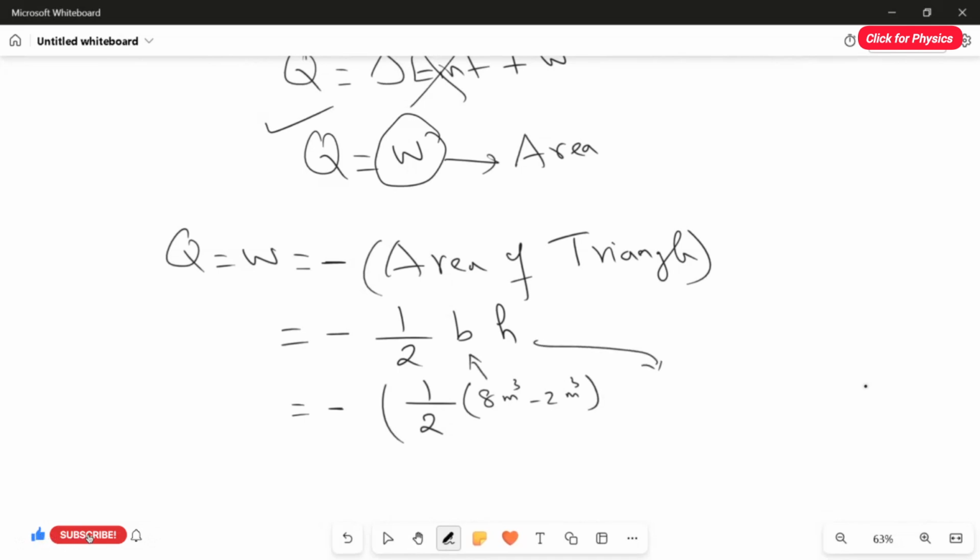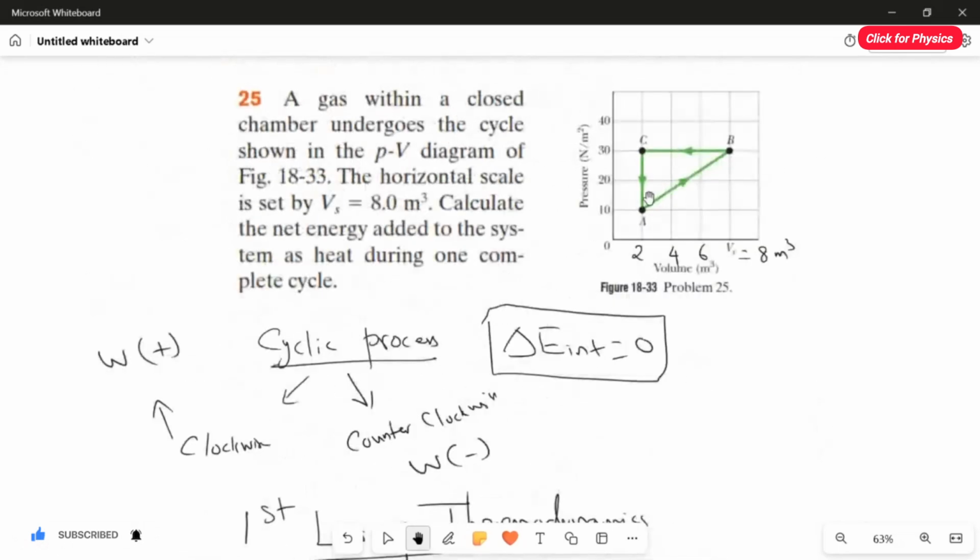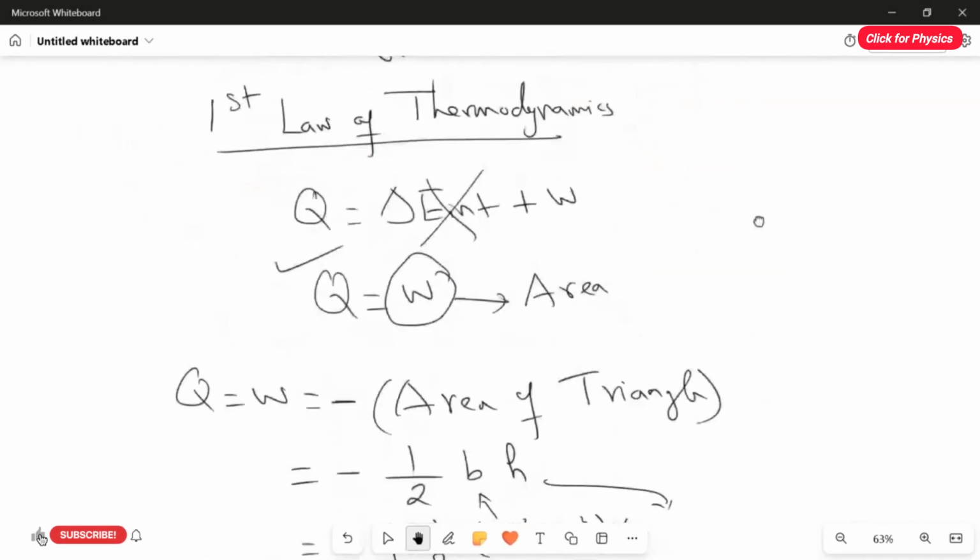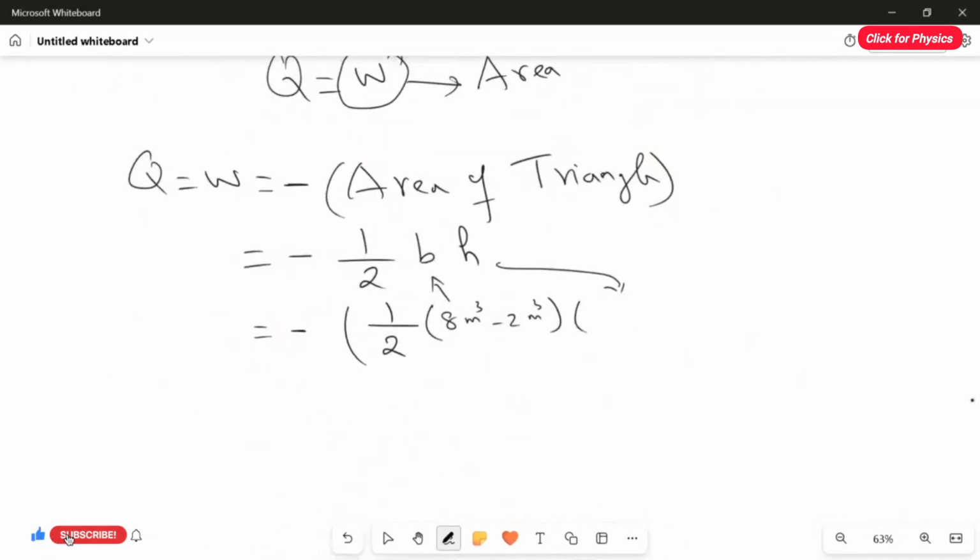And what is the height? From the diagram, the height is from 10 to 30, so 30 minus 10 in Pascal, or Newton per meter squared, both are correct.